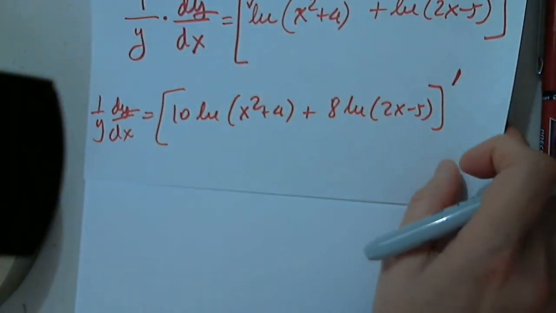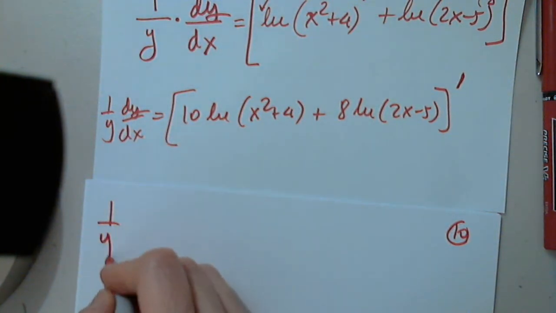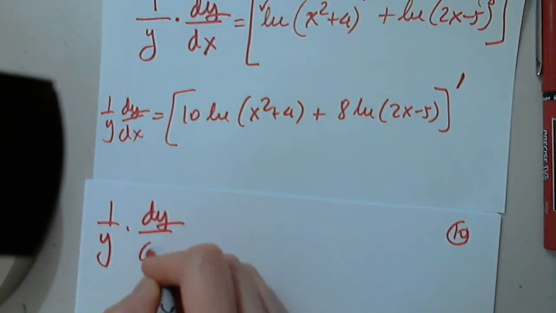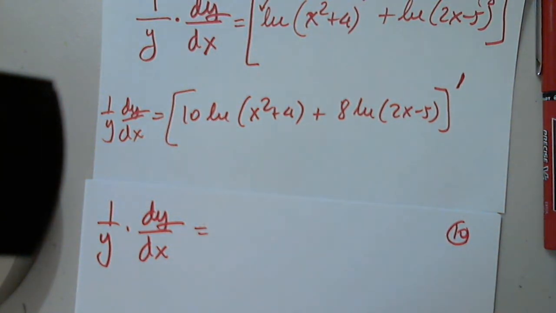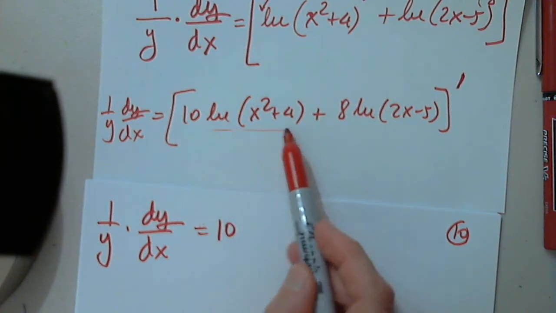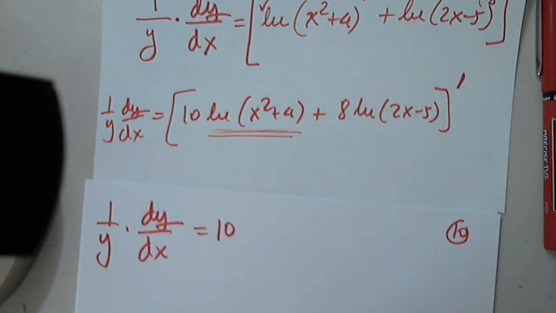And now we have this 1 over y times dy over dx. And now let's differentiate these two. 10 will stay outside. How do I differentiate natural log? It's the same way. How do I differentiate natural log of x squared plus 4?